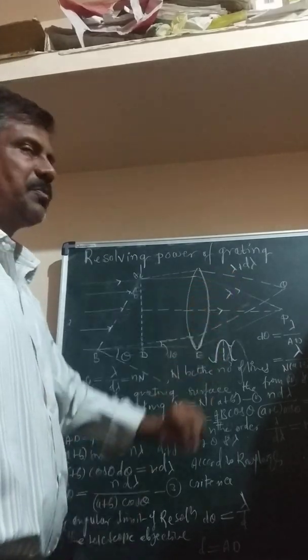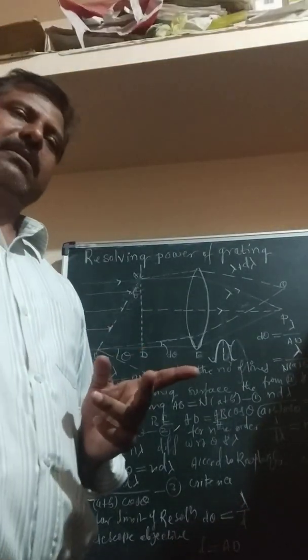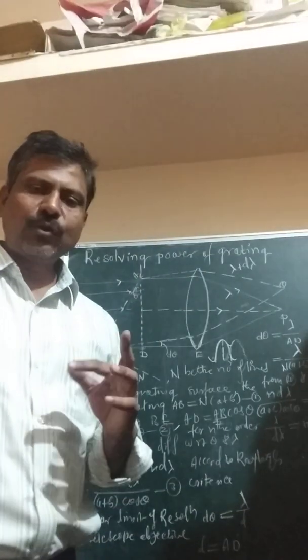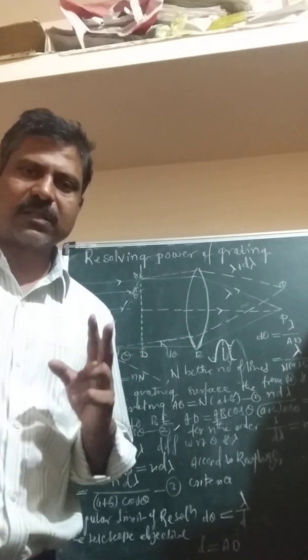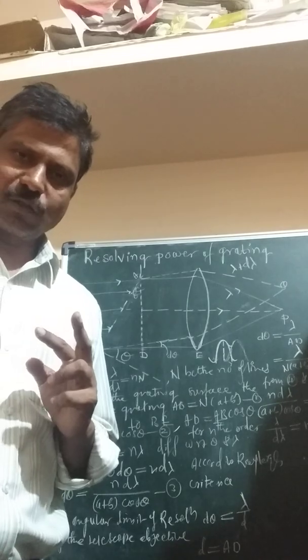Consider these two spectral lines having wavelengths lambda and lambda plus d lambda. When do we say that these two lines are just resolved according to the resolution criteria?